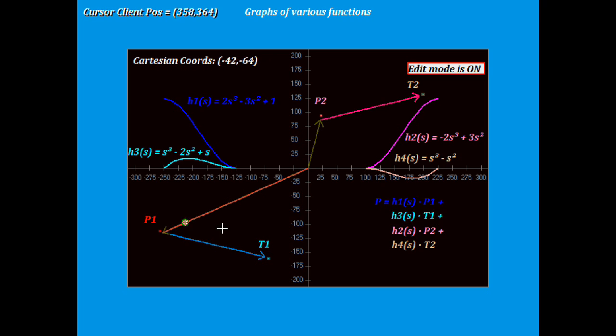Now the next thing that follows in the series is the third term, H2 times P2. H2 is basically the opposite of this curve, starts at 0 and ends up at 1, and is multiplied by the P2 vector, so that will have the effect of moving the ball from 0 to P2.